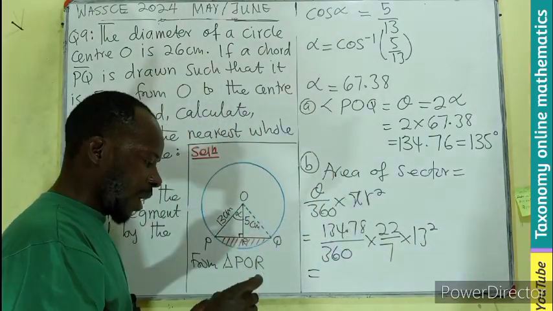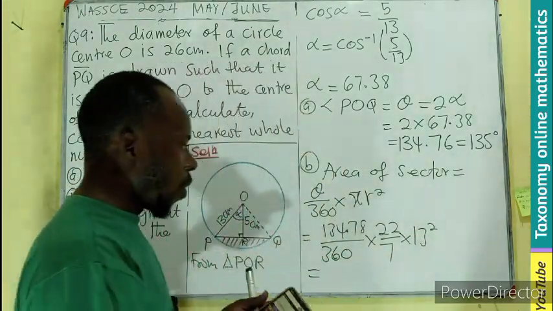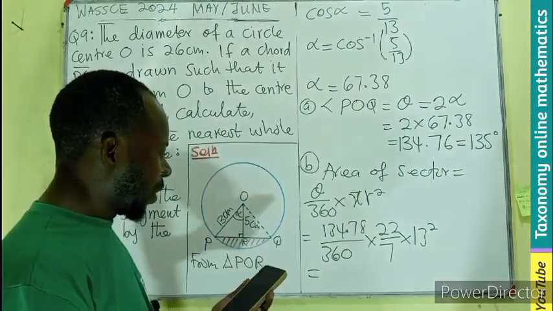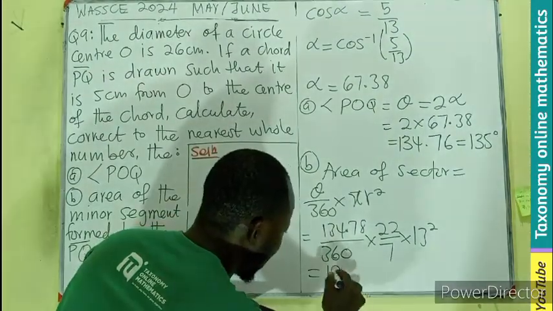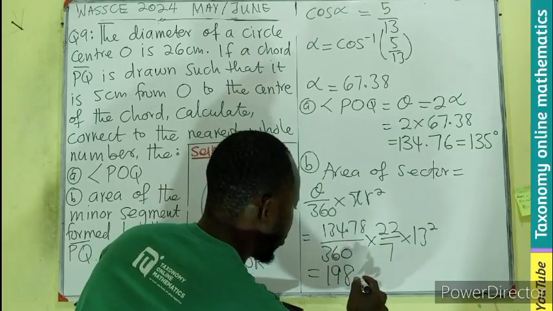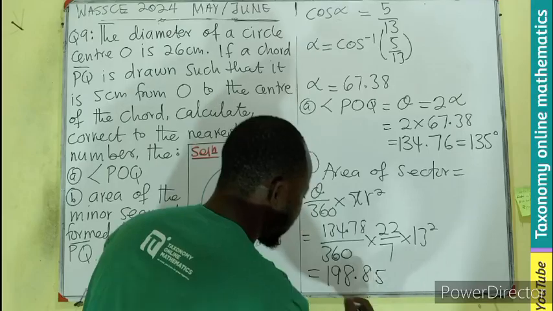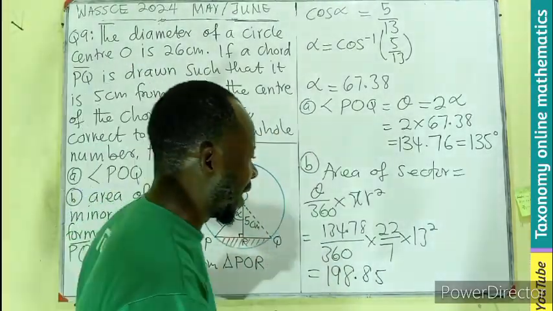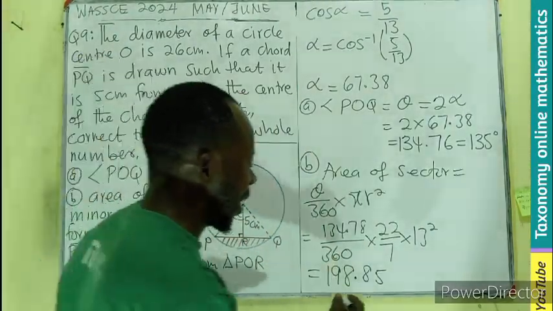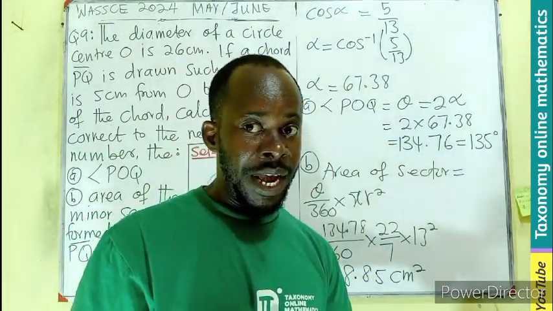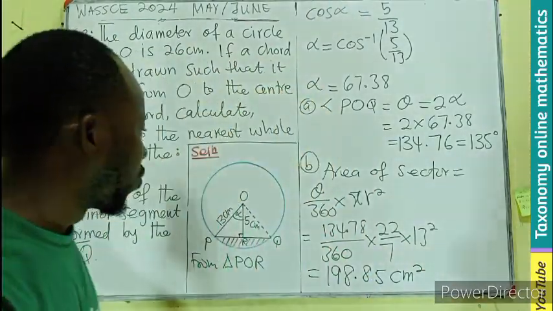Put that on our calculator and we have 198.85 centimeters squared. We are not looking for the area of the sector, so let's leave that there.